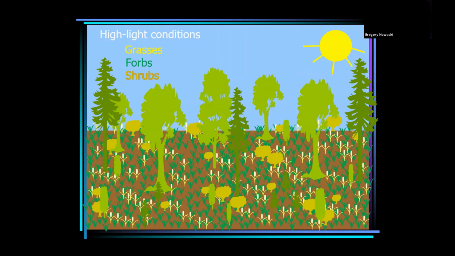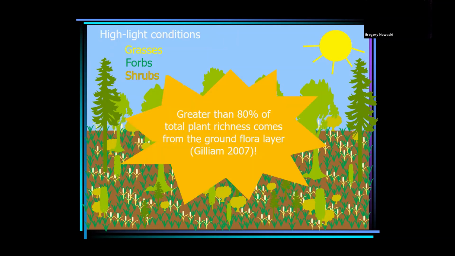So this is how conditions were quite often in the pre-settlement forest. Woodland conditions, lower stand densities, robust understories made up of these life forms. One thing I want to emphasize is that greater than 80% of total plant richness comes from the ground flora layer. This is where it's at.